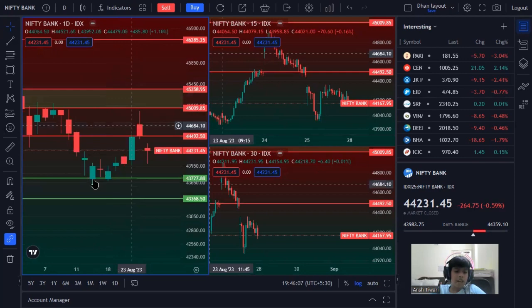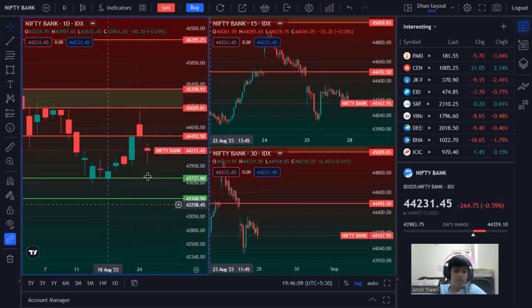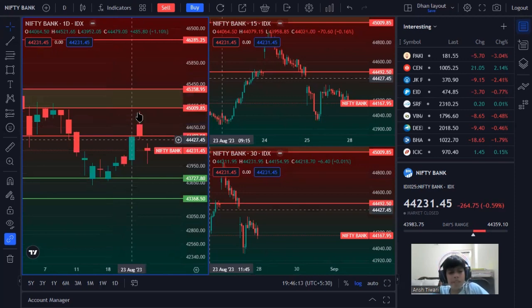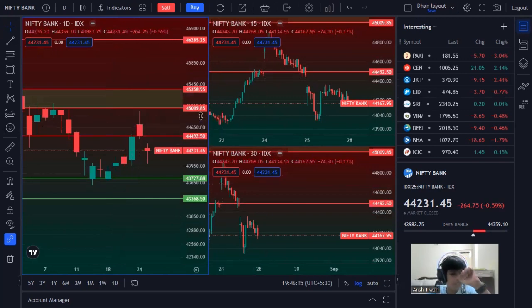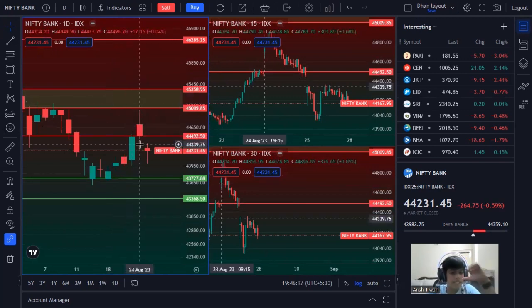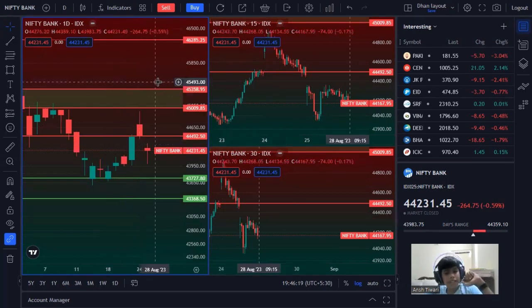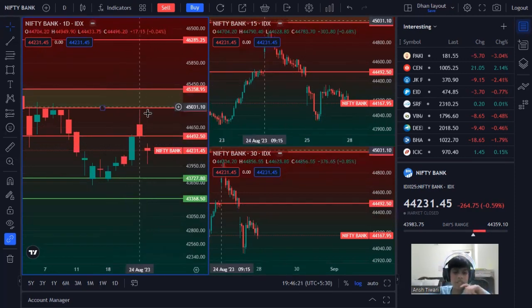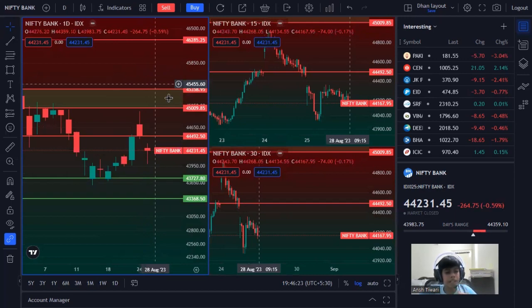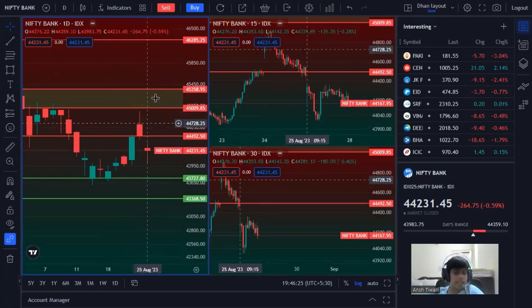Then the markets went back upwards and the bulls took control of the market only to touch the 45,009 support. I wouldn't say touched, but they did almost touch it. So we can say that the markets went there and then actual selling came downwards.